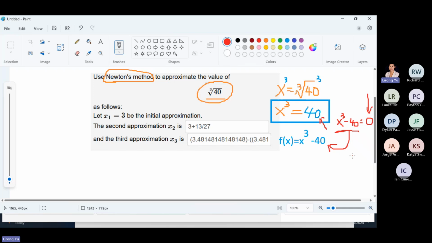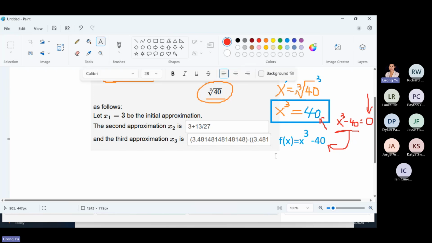Newton's method essentially is applying the tangent line of a function. If we don't have a function, then there's no Newton's method. The derivative of this function equals 3x squared. The 40 has 0 derivative, so we don't have to do anything for the 40.